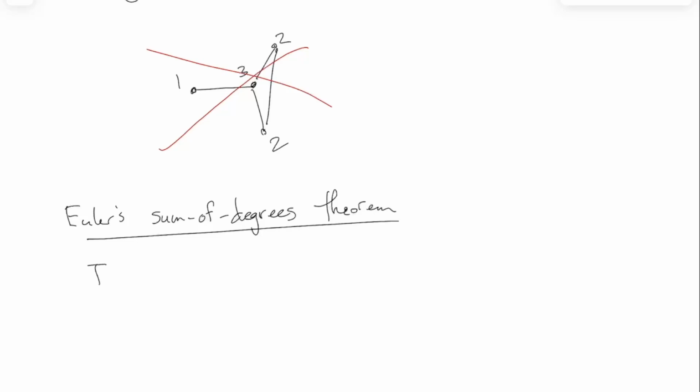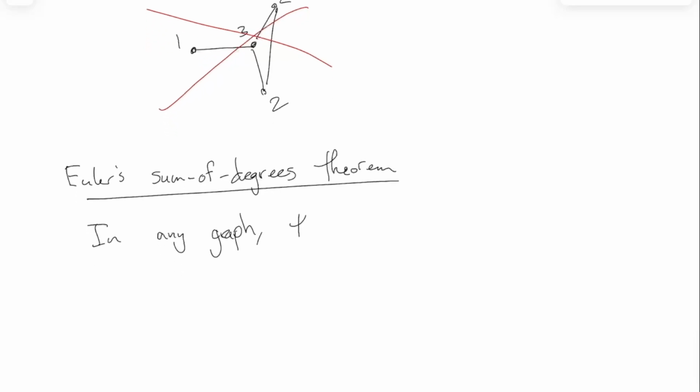What it says is, in any graph, the sum of all the degrees is always even. This is a true fact about any graph that Euler realized. In any graph, the sum of all the degrees must be even.